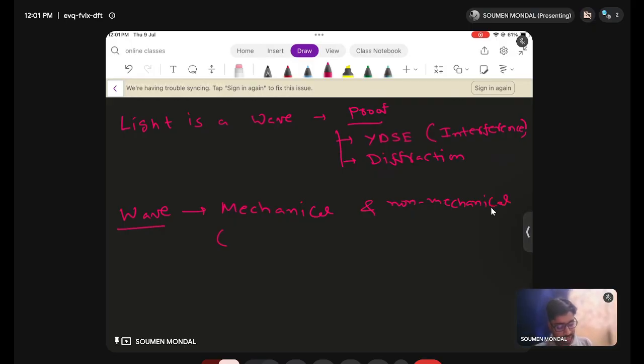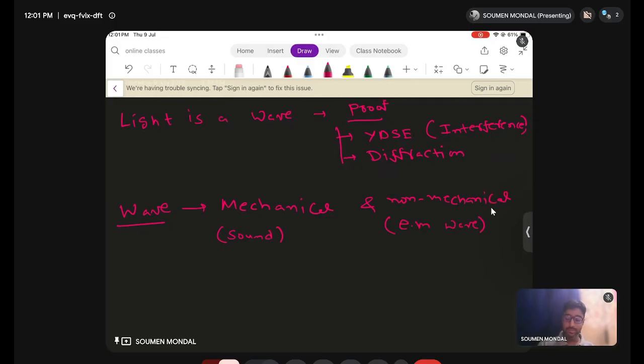In mechanical there was sound, which needs a medium, and in non-mechanical there are electromagnetic waves that don't need any medium to travel. They can travel in free space. In our electricity and magnetism chapter, there was a dedicated chapter for electromagnetic waves, so we learned that light is an electromagnetic wave. So it's a non-mechanical wave.